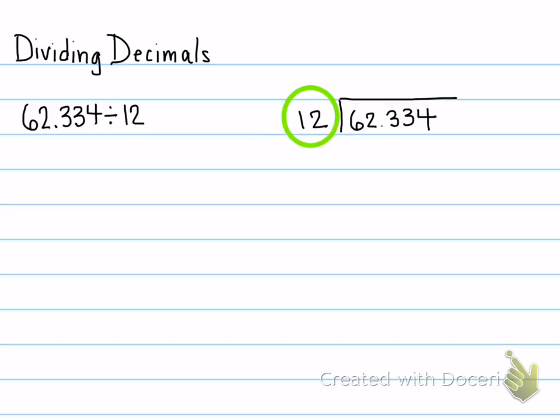Now, the number we're dividing by does not have a decimal in it. And since the 12 does not have a decimal in it, we're going to take the decimal in our problem and bring it straight up into our answer. So we know that the decimal is going to go straight there. And then we just divide using the standard algorithm.